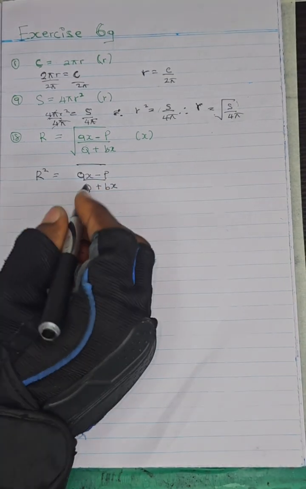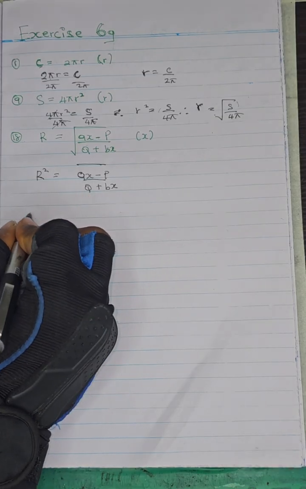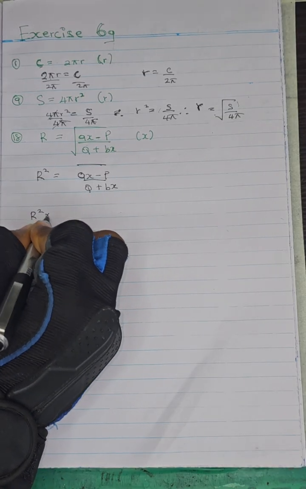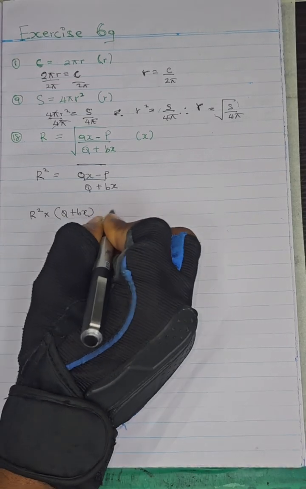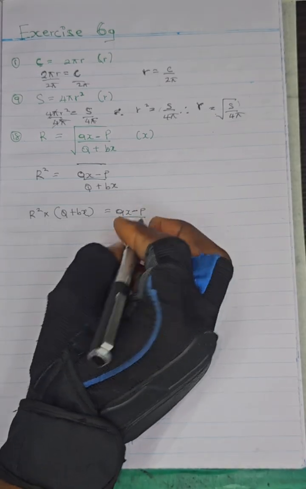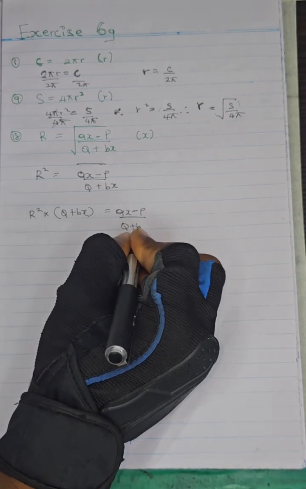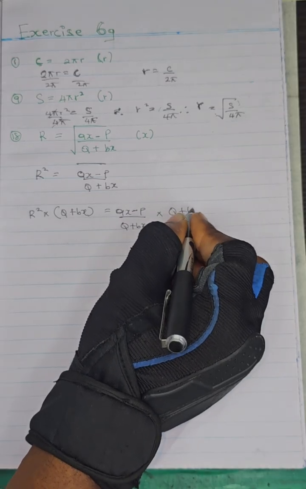The next thing we're going to do is multiply both sides of the equation by the denominator. This is our denominator. So we have r squared times (q plus bx) is equal to (ax minus p) divided by (q plus bx) multiplied by the same denominator, q plus bx.